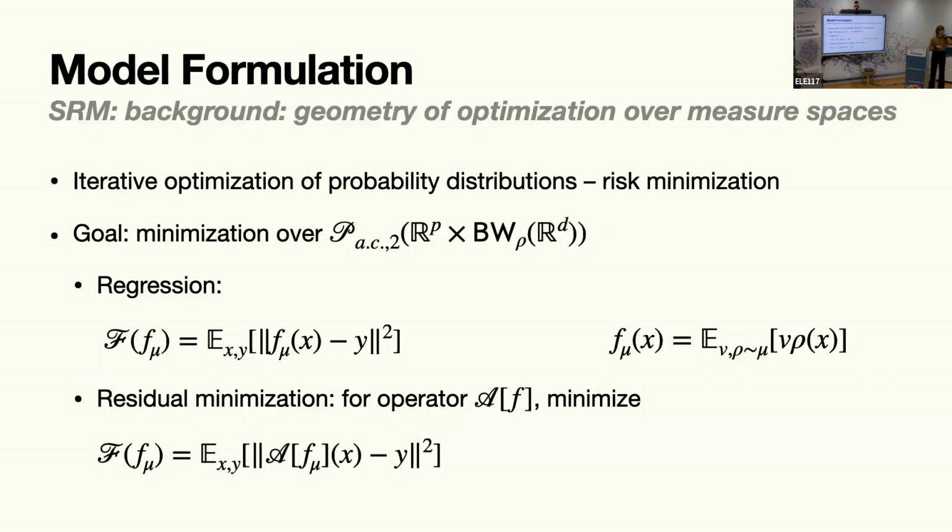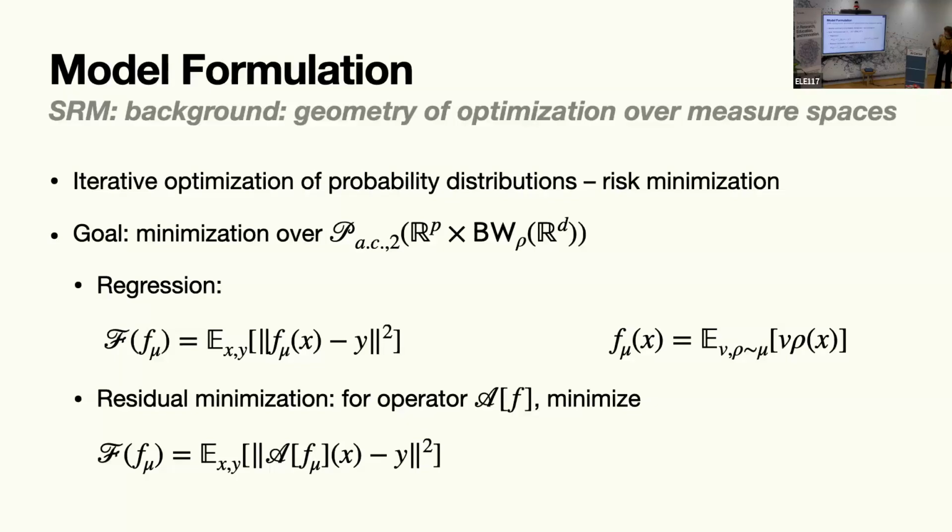I promise I will eventually get to experiments. The experiments will be of two types, actually three types. Two of them are very roughly shown here. One is simple regression, minimizing an L2 error of f of x minus y, where x and y are a coupling of training data, and then you would take an empirical approximation and minimize the risk.